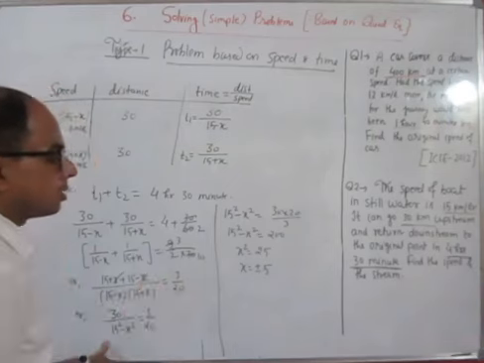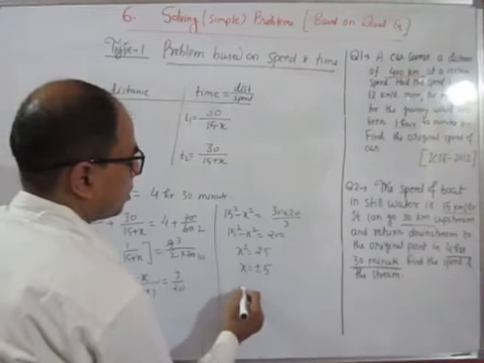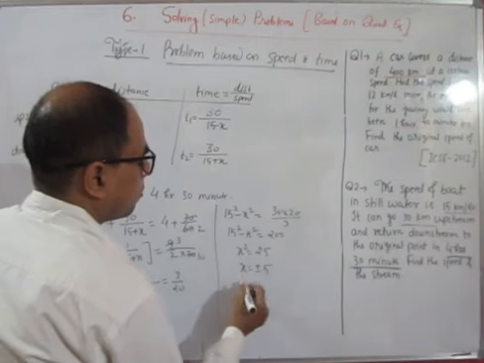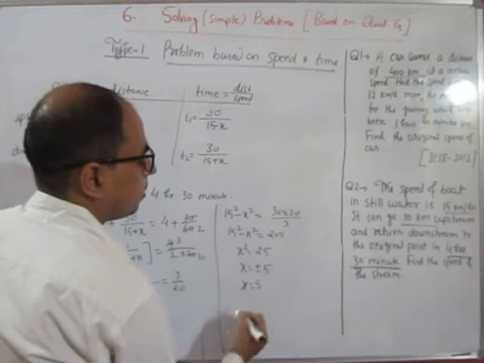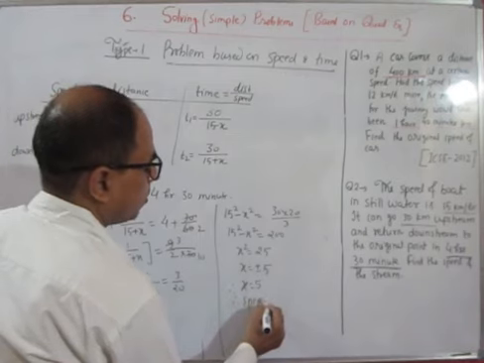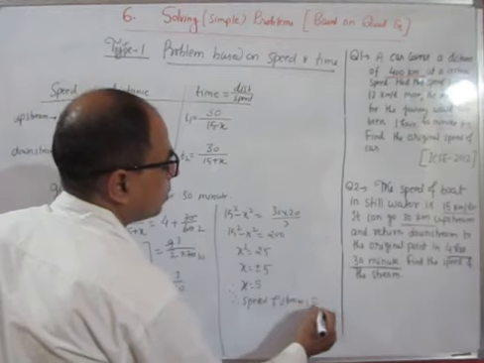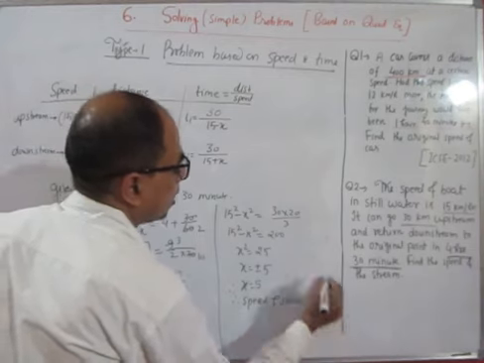We cannot take x equal to minus 5 because speed cannot be negative. So the value of x is 5 only. Therefore the speed of the stream is 5 kilometer per hour.